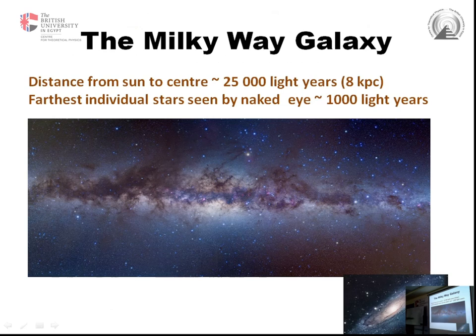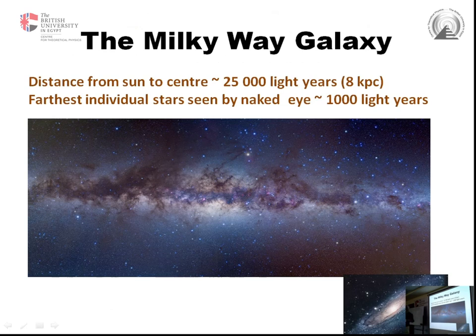If you're in the disk and you see it edge on, you see it as a line. This is another galaxy similar to the Milky Way, maybe Andromeda, I don't remember which one. It is similar to the Milky Way, being a disk, but seen from outside, not while you're in it. We are already 8 kiloparsec, meaning 8,000 parsecs, from the center of the galaxy.